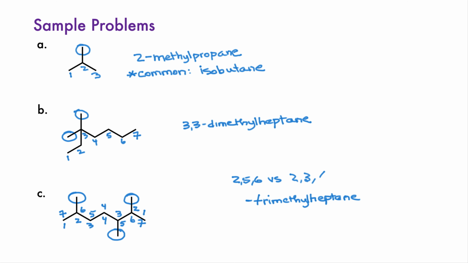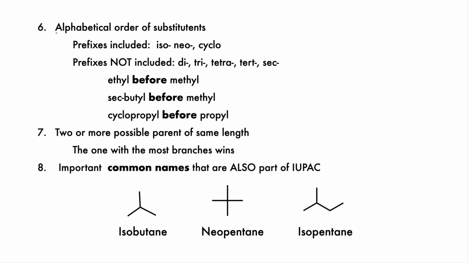The first number is the same, so we have to go to the second number to compare. 3 beats 5 at the second number, so the correct numbering scheme is 2, 3, 6. So this is a 2, 3, 6 trimethylheptane. There are a few more rules you need to know.